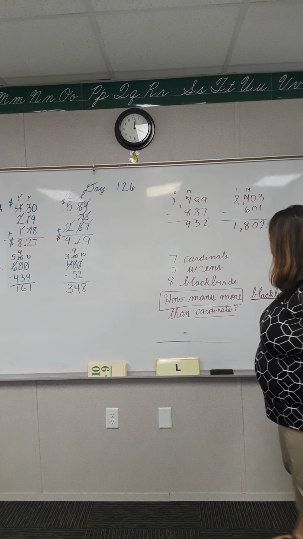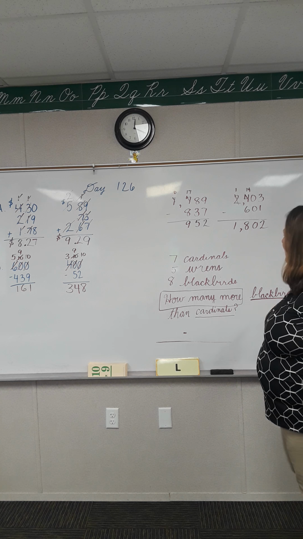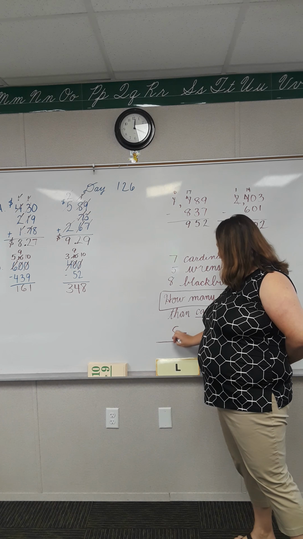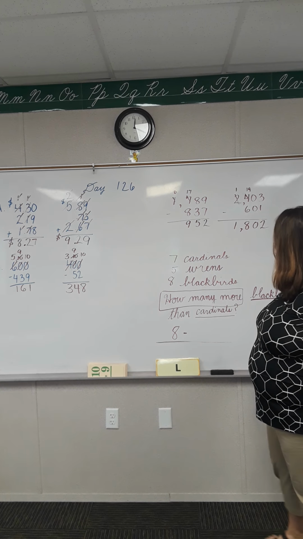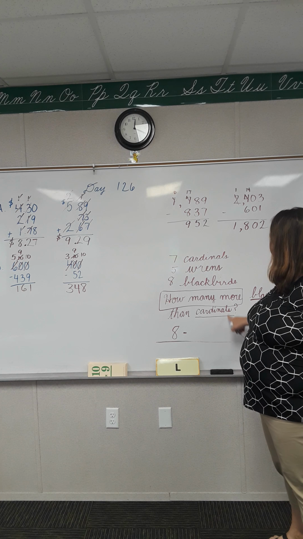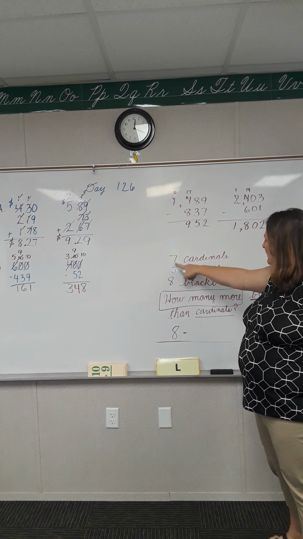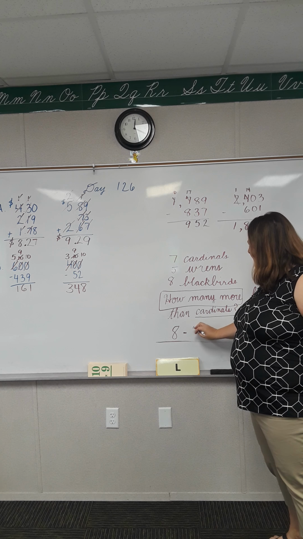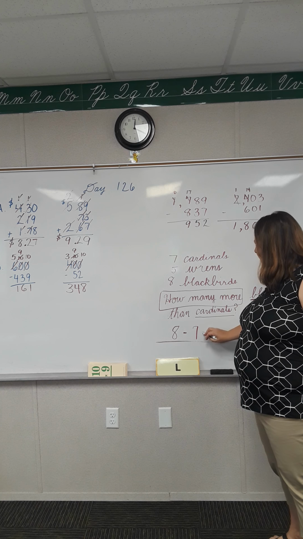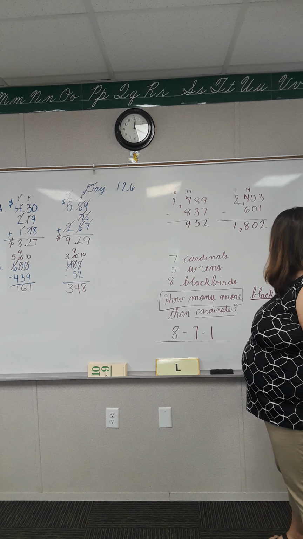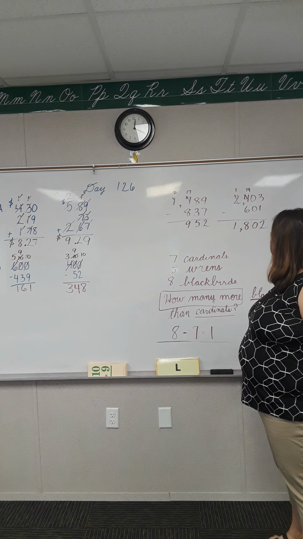Which one comes first? Blackbirds. How many more blackbirds? So, there's 8 blackbirds, so we need to put the 8 first. And then cardinals. How many more blackbirds does she have than cardinals? We look up here, and how many cardinals? 7. And now, 8 minus 7 equals 1. She has 1 more blackbird than cardinals.